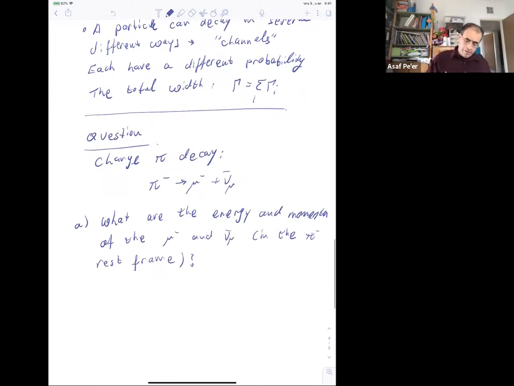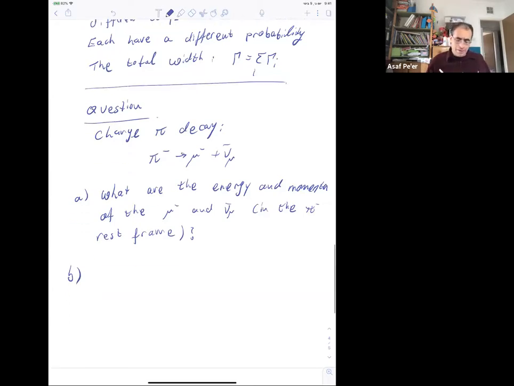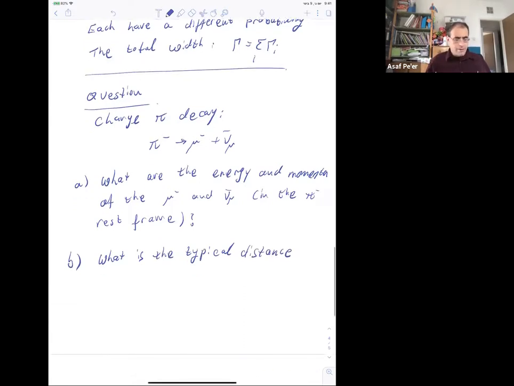Part B would be: assuming that the decay occurs in a vacuum, let's say in space, what is the typical distance the muon will travel before it decays? Well, let's say not in space, let's say it happens at CERN on a daily basis. So what is the typical distance the muon will travel before it decays itself?